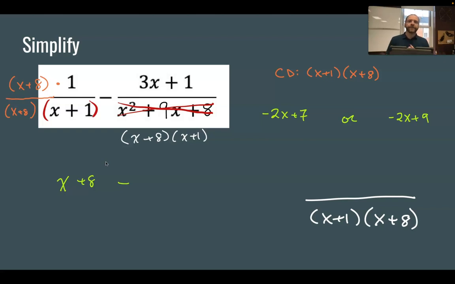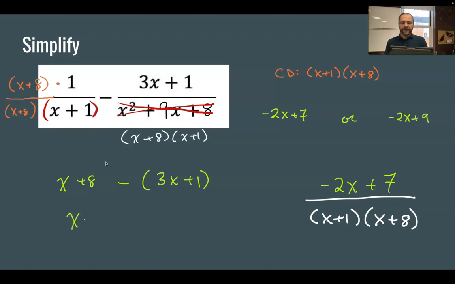And here's why. In this scenario, the real answer is negative 2x plus 7. The reason why is because of what happens next when you are distributing and combining like terms. That minus sign is for I am subtracting that entire numerator. Well, I'm subtracting the entire numerator, an entire object, so I better put it in parentheses.